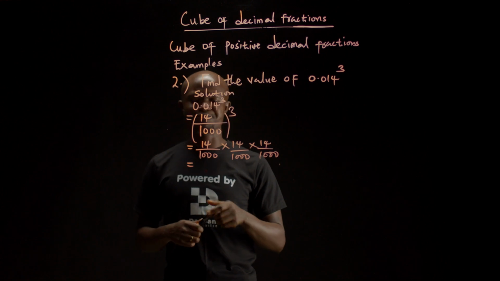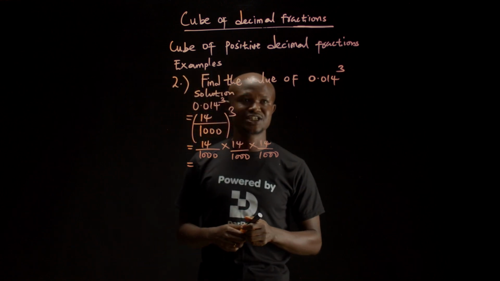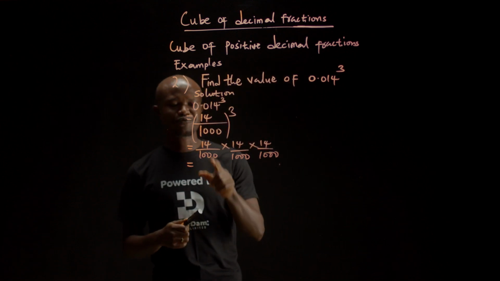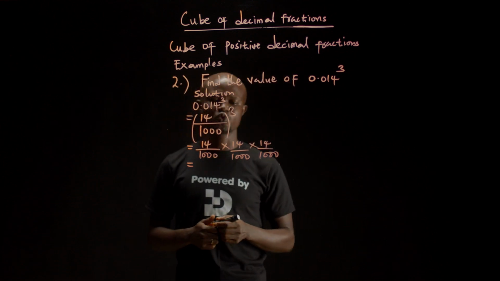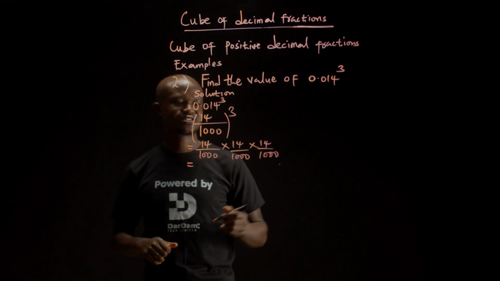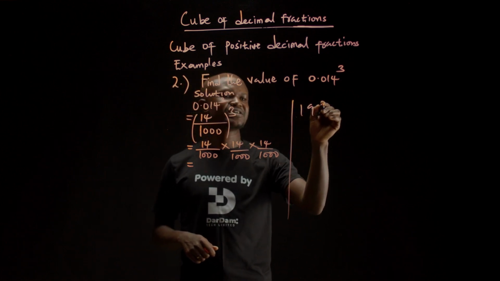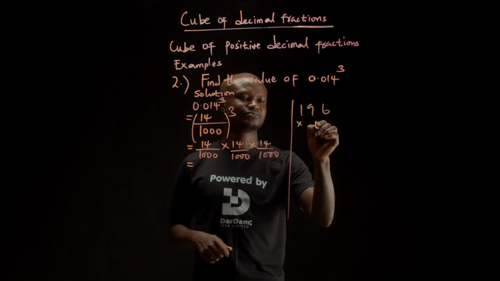So from here we have 14 over 1000 times 14 over 1000 times 14 over 1000. Now 14 times 14 is 196. So we need to multiply 196 by 14.